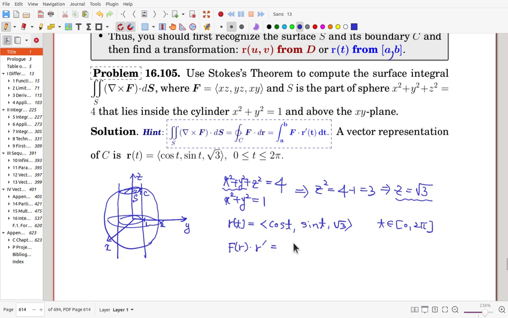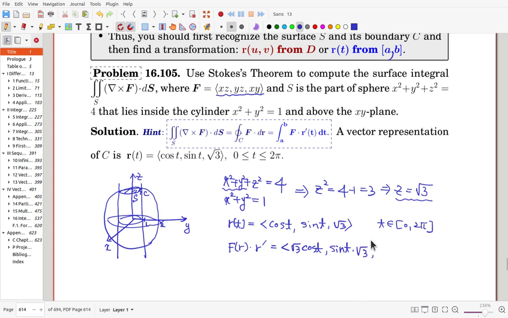Along with that representation, we can get now F of r. First component is xz, x and z, square root of 3 cosine t. Second one is yz, y is sine t, and z is square root of 3, so we write here square root of 3.